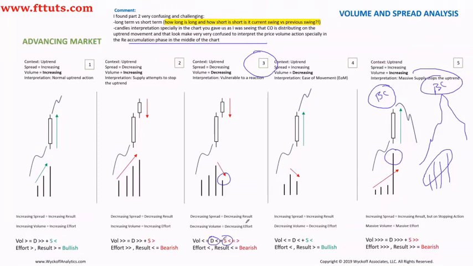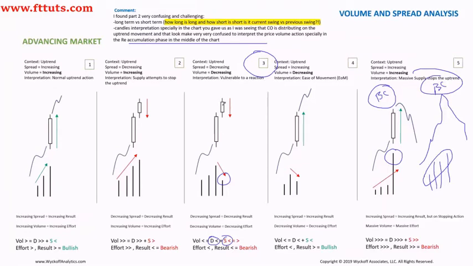To me, that's not necessarily a very high probability scenario. I would say that the climactic supply, or climactic volume rather, will always have a much higher probability of stopping the price from moving further up, at least in a short term way.